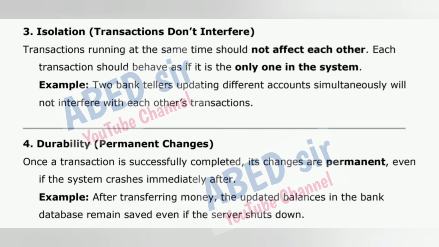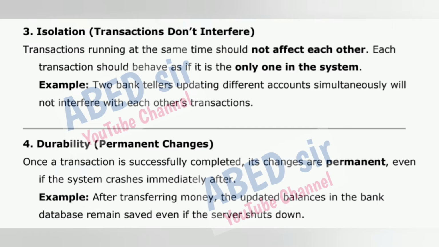Isolation. Transactions don't interfere. Transactions running at the same time should not affect each other. Each transaction should behave as if it is the only one in the system. Example: two bank tellers updating different accounts simultaneously will not interfere with each other's transactions.